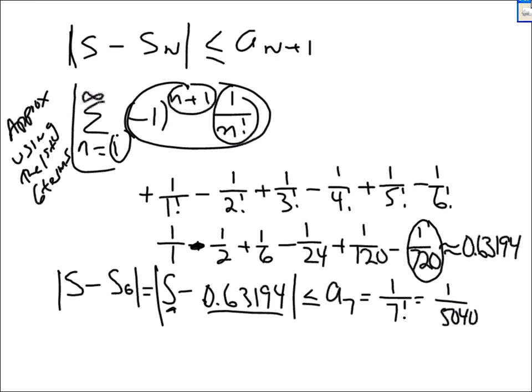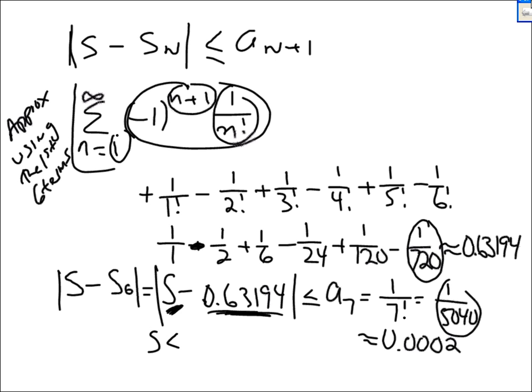It's less than that. That is the difference between my approximate sum and the real sum, and it's rather small. 1 over 5040 is approximately 1 over 5,000, which is 2 over 10,000. It's within 0.0002.